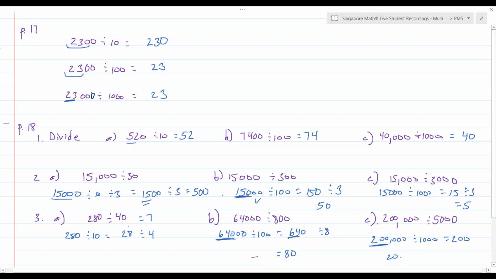Then I still need to divide 200 by 5. Notice that's 20 tens, and if I divide 20 tens by 5, I'm going to get 4 tens.